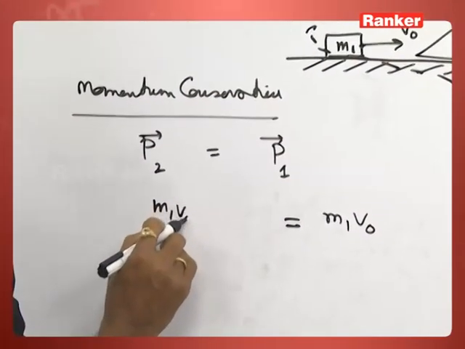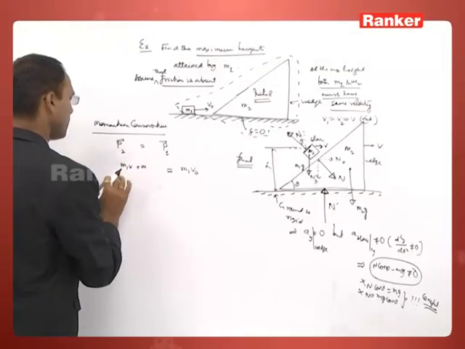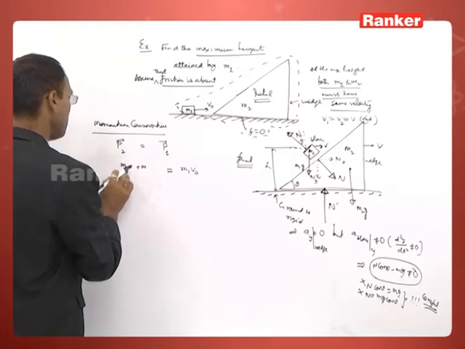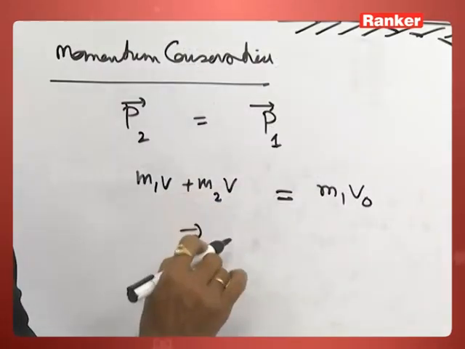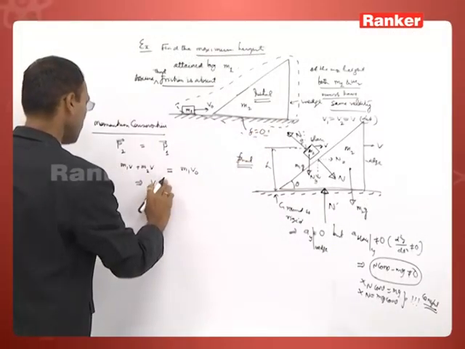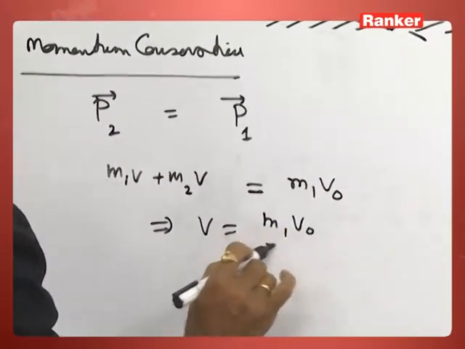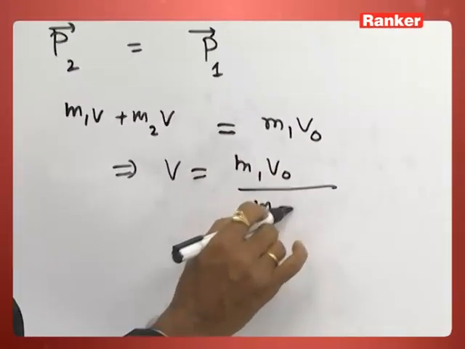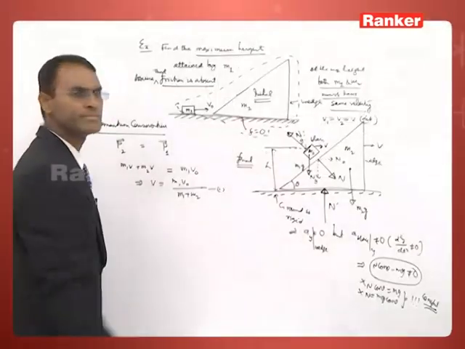Therefore, their momentum will be m1v plus m2v. This gives us the velocity of both the bodies at that instant, which is equal to m1v0 by (m1 plus m2). Equation number 1.